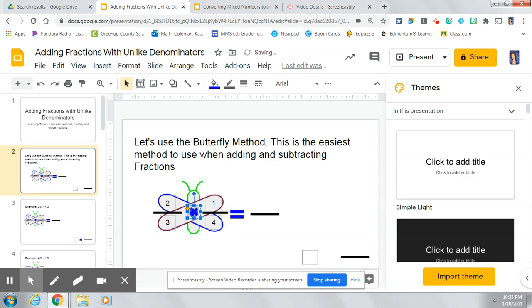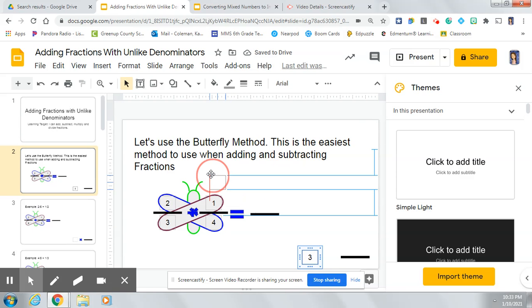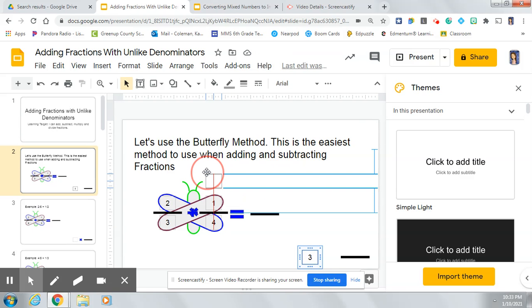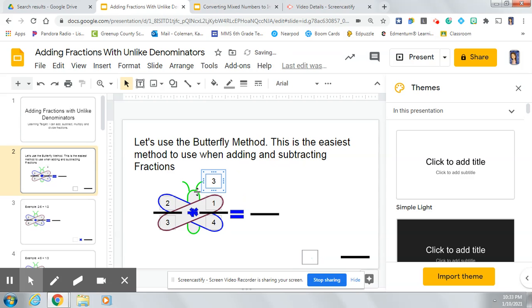So we're going to multiply 3 times 1, and we are going to get 3. So I'm going to put 3 up here by this right antenna of the butterfly.